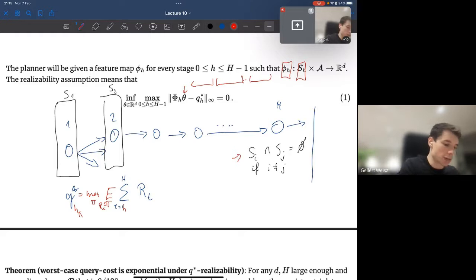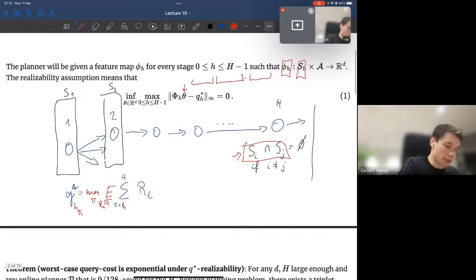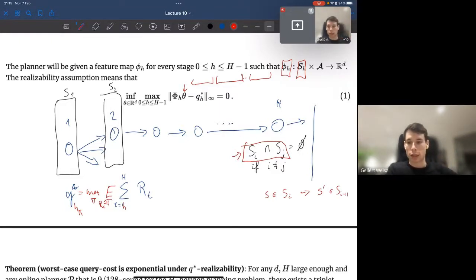The point is, if you satisfy this, then each transition goes from an s in S_i to an s prime in S_{i+1}, and so you can easily always accumulate your counter. I see, thanks. It's mainly for convenience, and notationally it's going to be simpler as well.